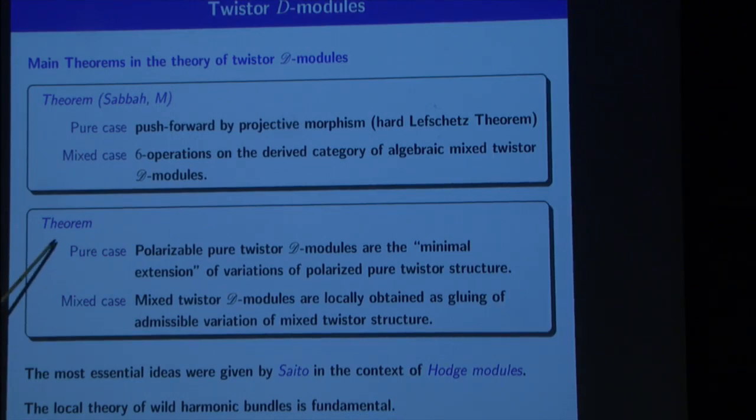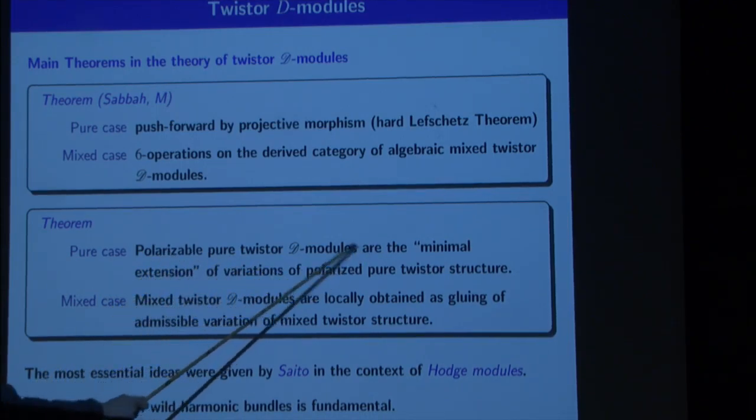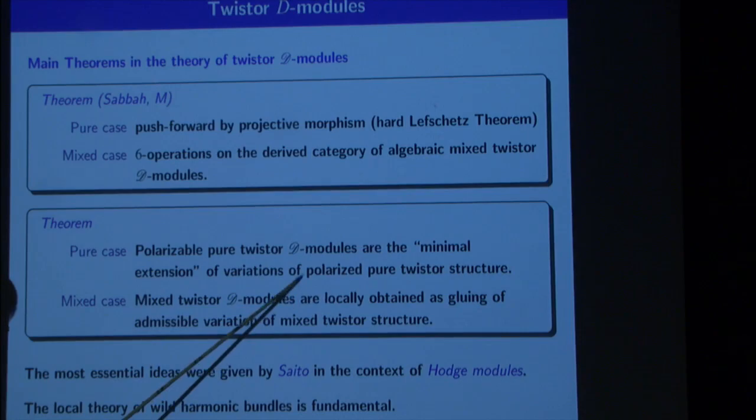The other main result is the description of pure objects and mixed objects. The definition of pure and mixed twistor D modules is rather complicated, so it's useful to know which objects are really contained. In the pure case, this is not so precise an expression, but very roughly, polarizable pure twistor D modules are the minimal extensions of variations of polarizable pure twistor structures.